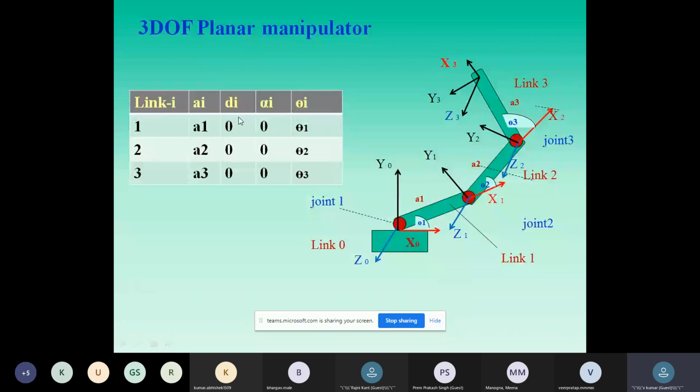D0, D1, D2, D3 are 0. It means they are in the same plane. And phi is 0, and the joint variables are theta 1, theta 2, theta 3. And this simple planar manipulator can be represented in a table form in this way. This is called the DH parameter table.